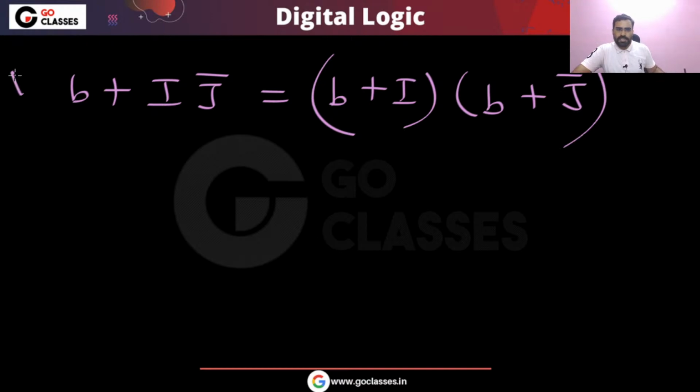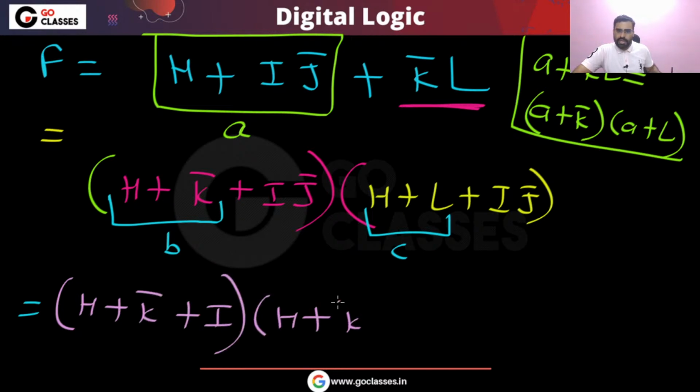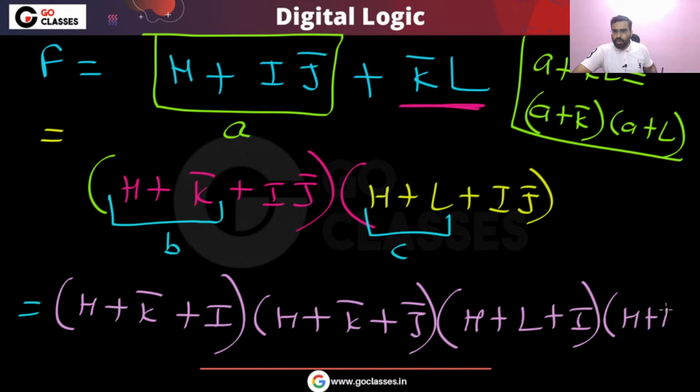Just apply the distributive property. So you will get H or K bar or I, H or K bar or J bar, H or L or I, H or L or J bar. Okay, so this is the answer you will get, and this is what the question is asking.